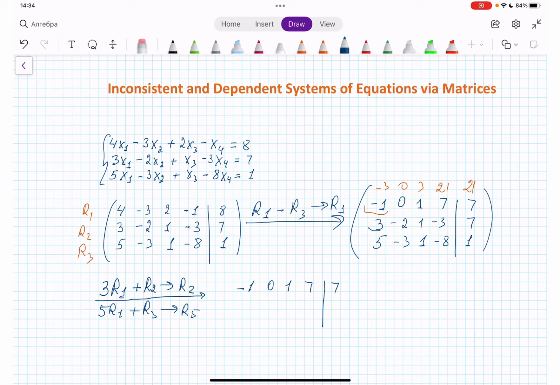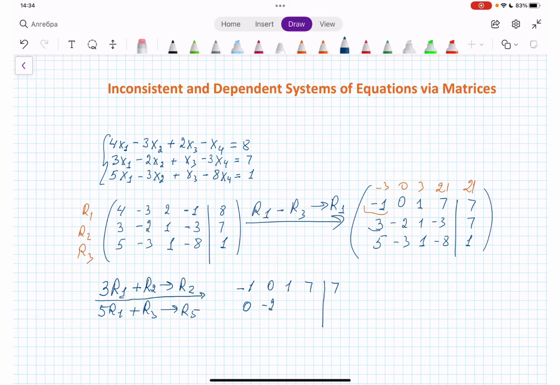Oh, this is also, we didn't multiply. Okay, now let's see. Second line, 3 plus negative 3, we are getting 0. I was staring and thinking, I'm not getting any 0. Okay, 2 plus 0, I am going to get negative 2.